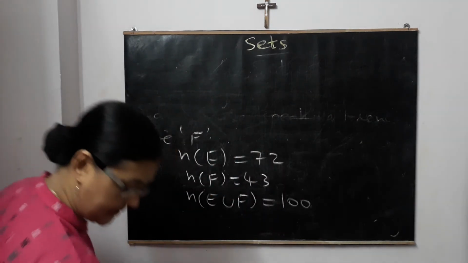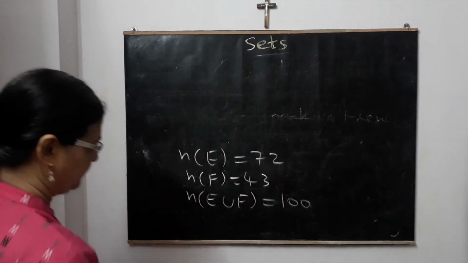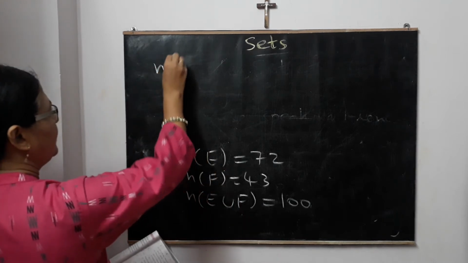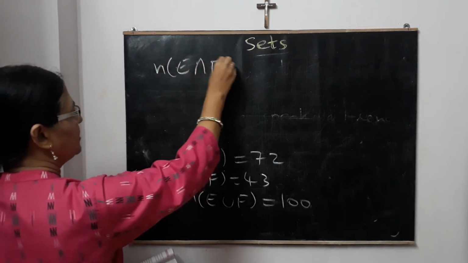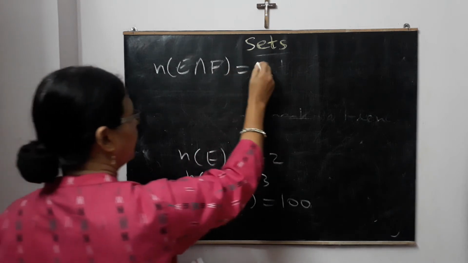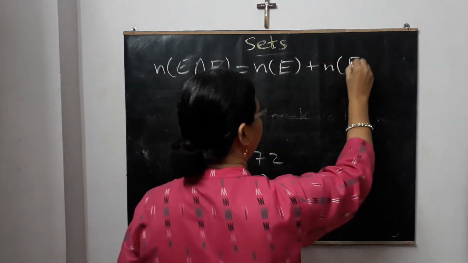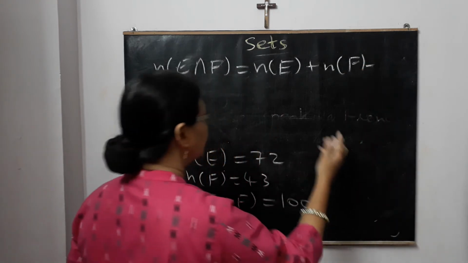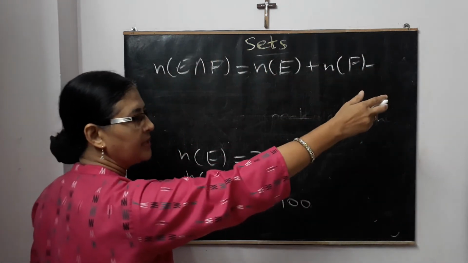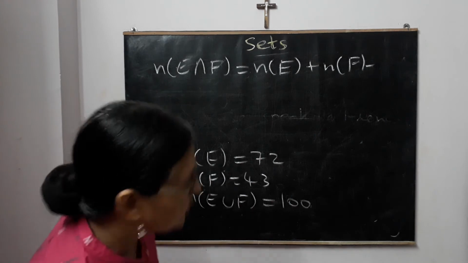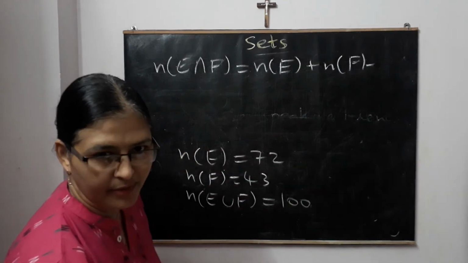For that, n of E intersection F is equal to n of E plus n of F minus the union. Either the union can be here or the intersection can be there; if we take the union here, there will be the intersection, and we have to find the intersection.